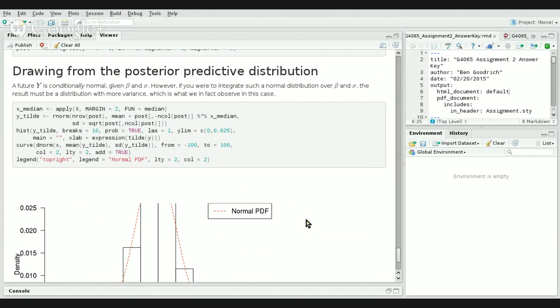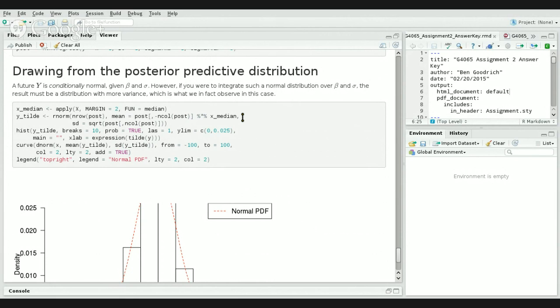And then the next line here, we want to draw y tilde, the same number of draws as we had in our posterior distribution. It could be more, or it could be less, but you already have the draws, so you might as well use them. And then the expectation of that univariate normal distribution is just going to be x times beta.